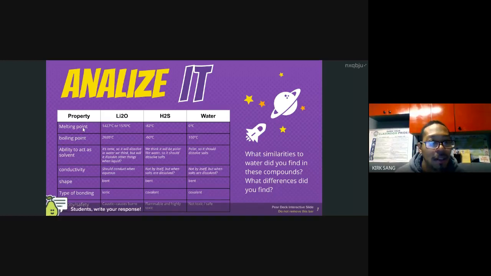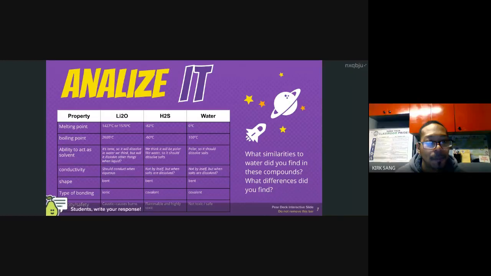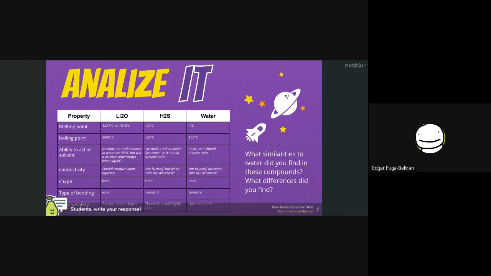Look at the properties there, and I'm going to ask Edgar, could you list those properties that we see in the first column? All of them or one? Yeah, go ahead and list them all. Melting point, boiling point, ability to act as solvent, conductivity, shape, type of bonding, and I don't know what the other one says because the pear is blocking it.